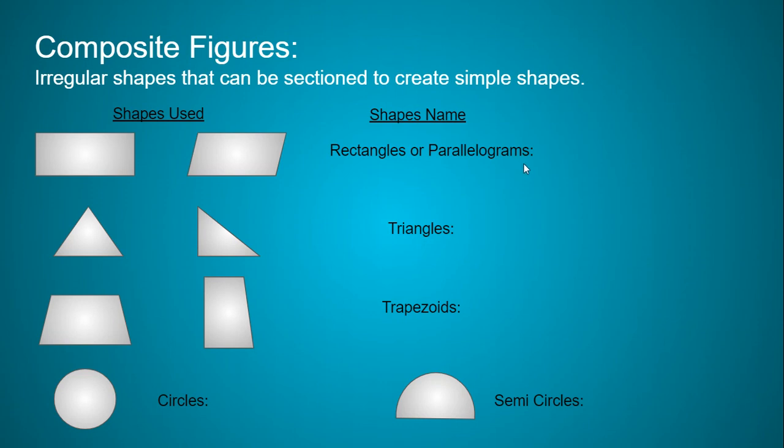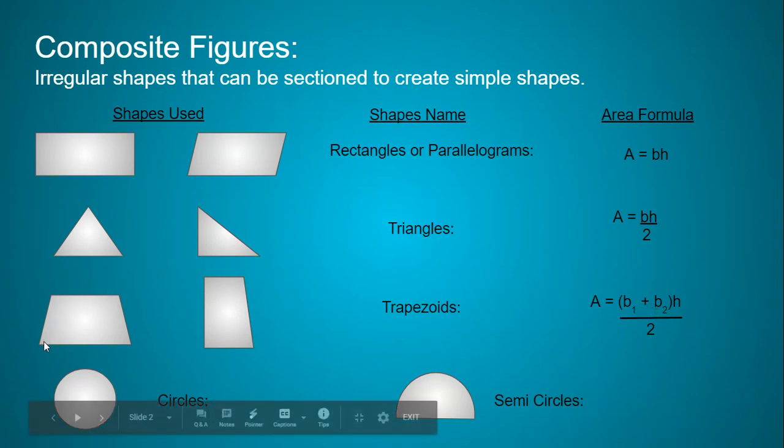So for rectangles and parallelograms, we have base times height. For triangles, we have base times height divided by 2. For trapezoids, we have two bases that you add together. The reason why you have two bases is because the parallel lines are different lengths, so you add these two together.